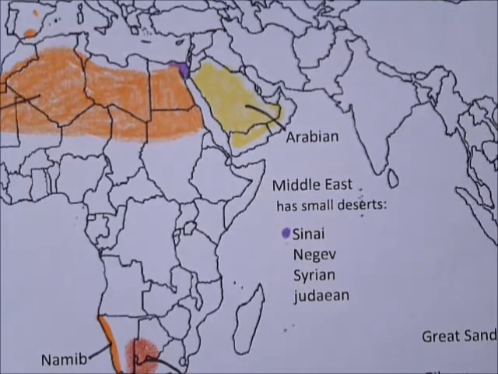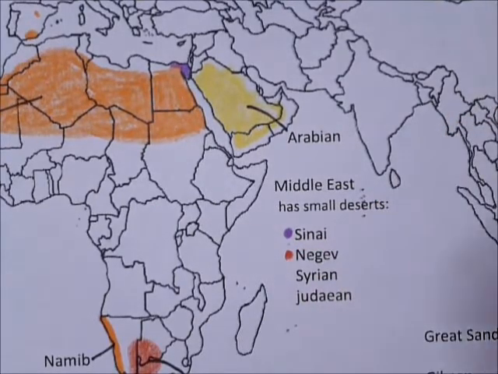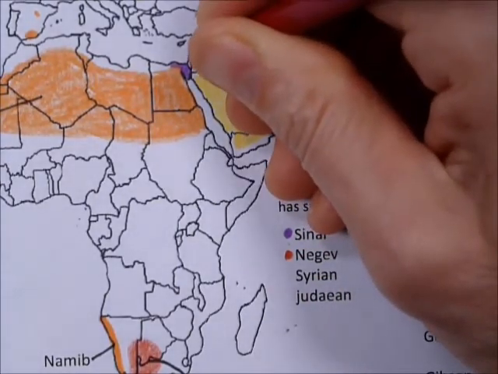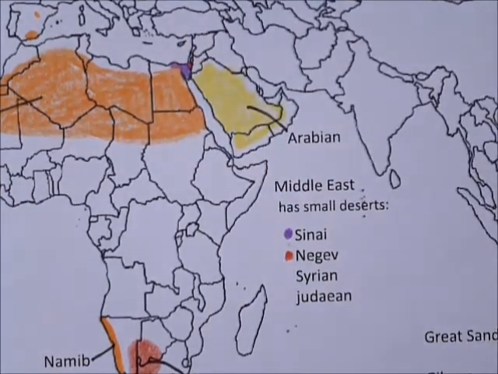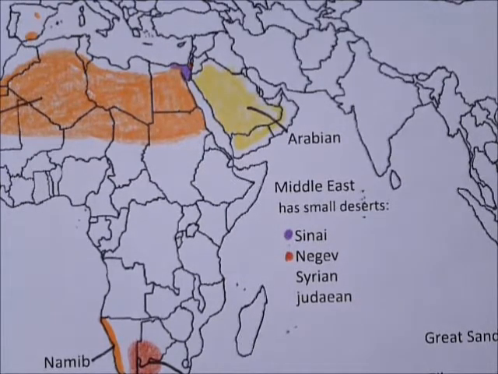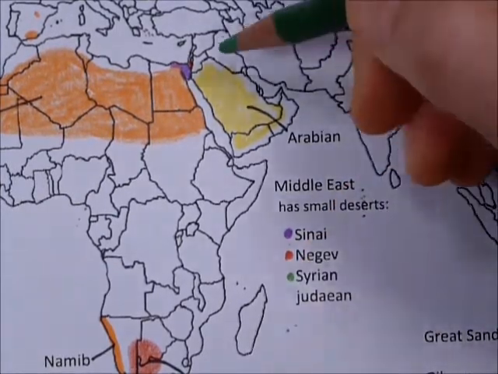And then Negev, this is going to be really tiny, really isn't going to be possible to color it actually, but it's a little dot right here, right next to the Sinai, kind of right there. Pretty small on this map. And then the Syrian Desert, we'll get over to Syrian Desert, maybe I'll pick green, even though deserts aren't really green, that'll show up.